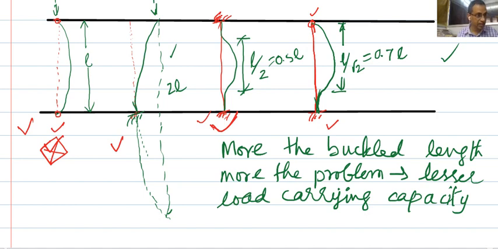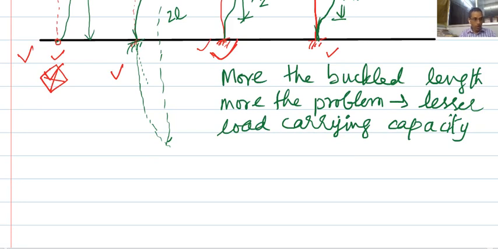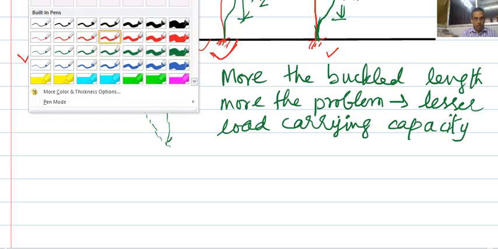Okay. Having said this, what is Euler's formula, the Euler theory, and the assumptions made to derive the equation?